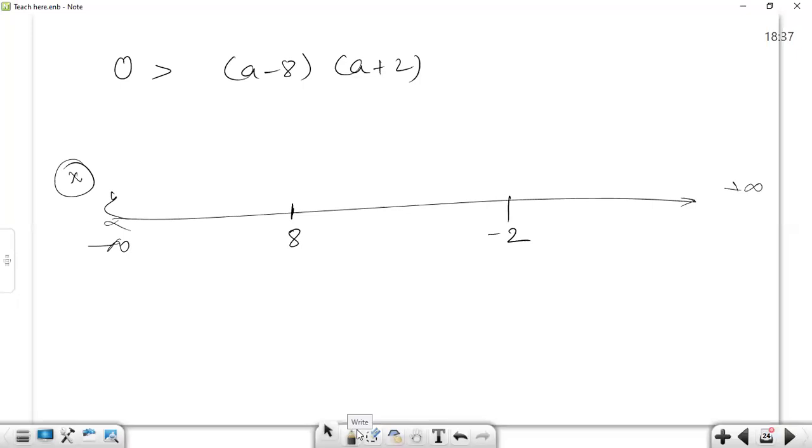No, 8 should come that side, minus 2 should come this side. Why? Negative comes on the left side only, sir. Yes, correct.